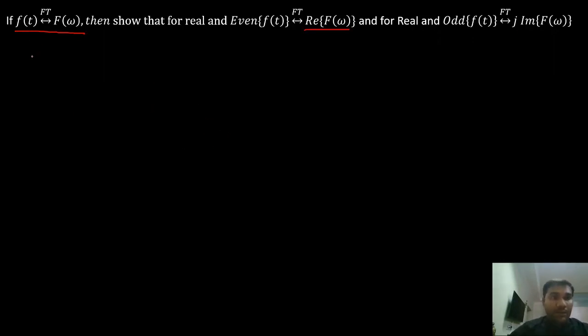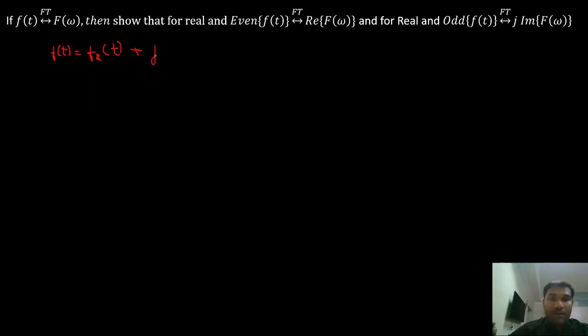Let us consider my f of t. f of t is a combination of real and imaginary parts. So f of t is equal to f r of t plus the imaginary part.